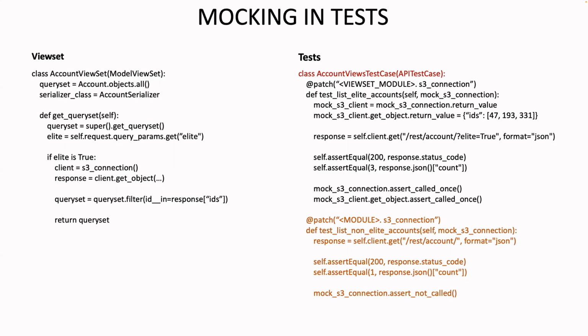That's also important in testing, to test whether a failure or a different type of behavior is exhibited when different parameters are provided. In this case, we don't expect any elite accounts to be returned, so we expect one account to be returned, which is in our database, that isn't elite. And just the assertion, to make sure that we didn't call S3.